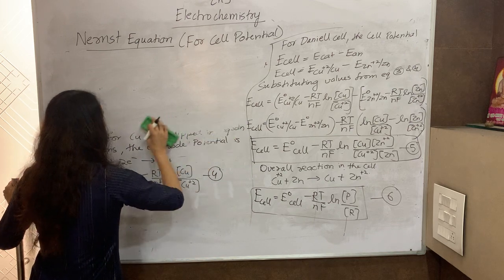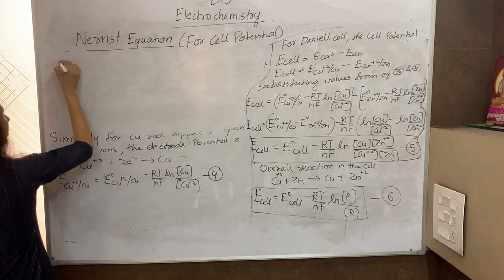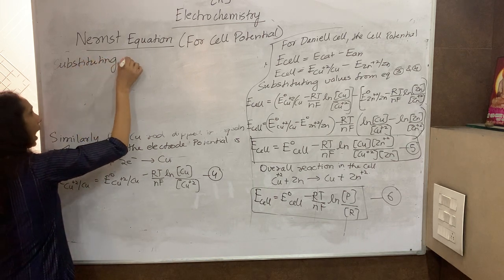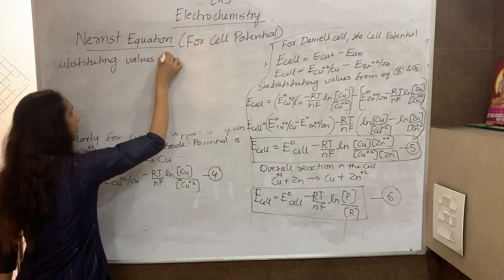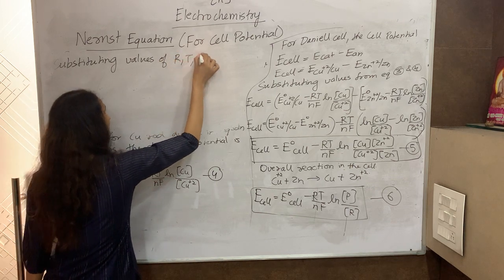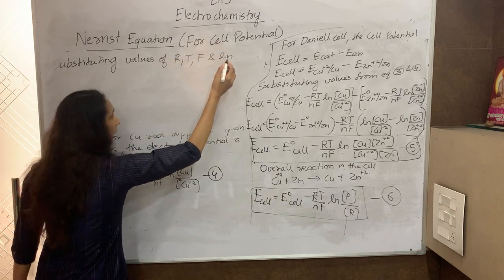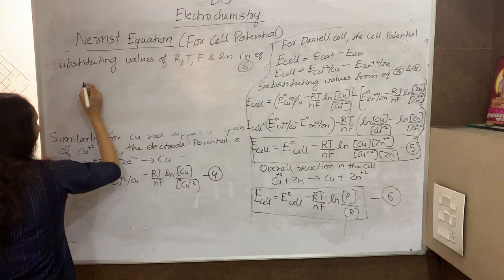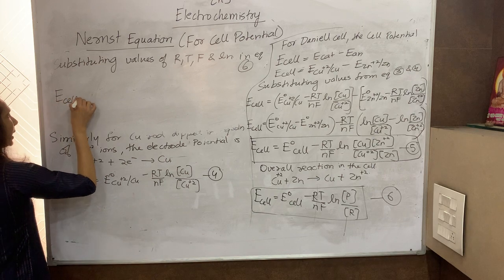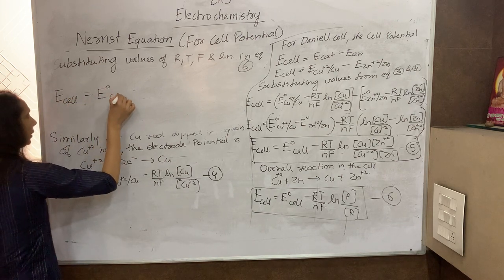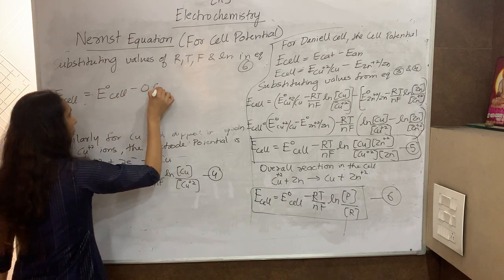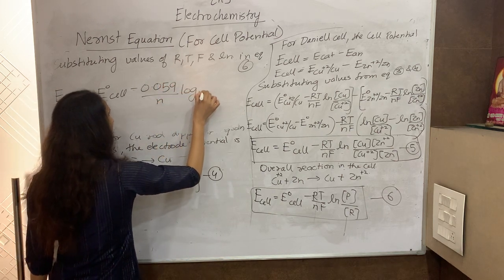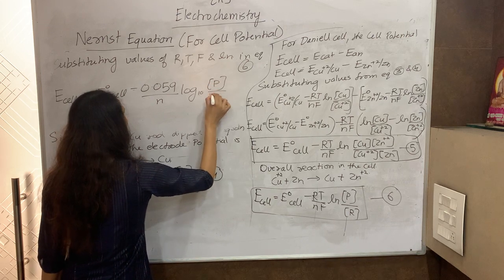We are just writing it. So substituting values of R, T, F and Ln in equation 6, what we get? E cell is equal to E naught cell minus 0.059 upon N log to the base 10 product upon reactant.